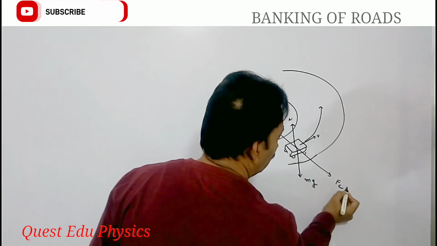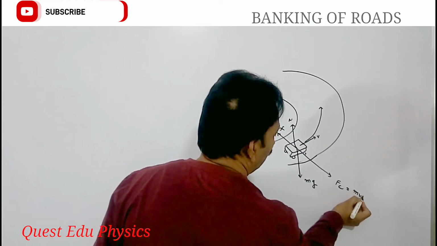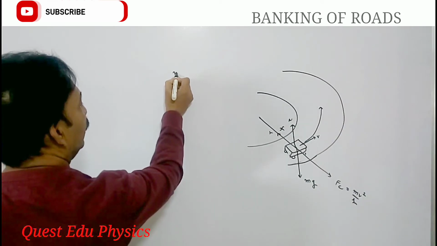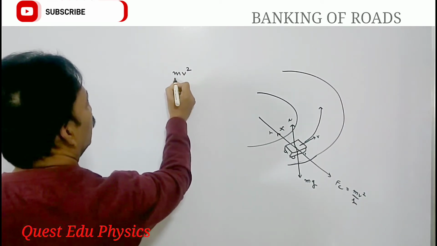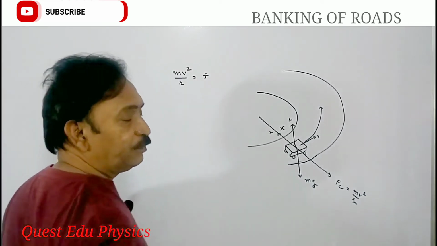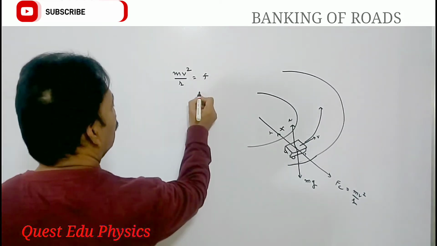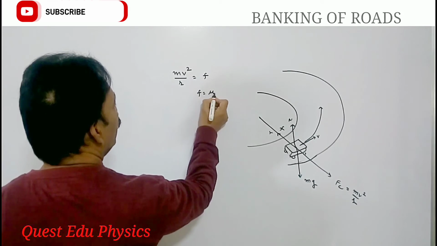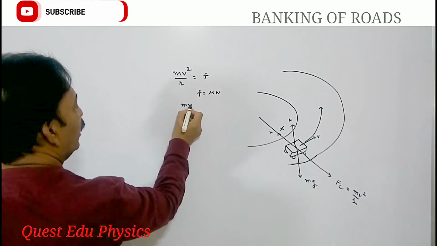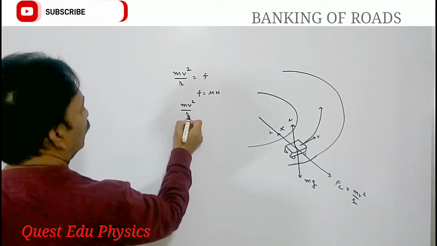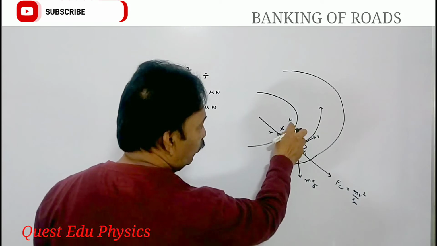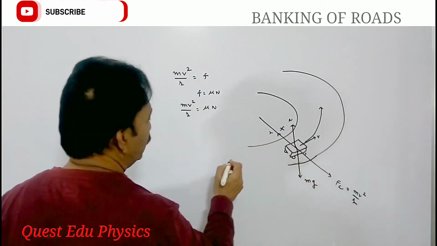As you know, the centripetal force is equal to mv square by r, and it has to be balanced with the frictional force. Frictional force is equal to mu N. So mv square by r is equal to mu N. Watch the diagram carefully: N is equal to mg.